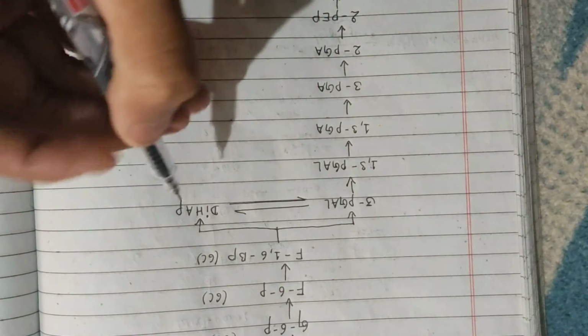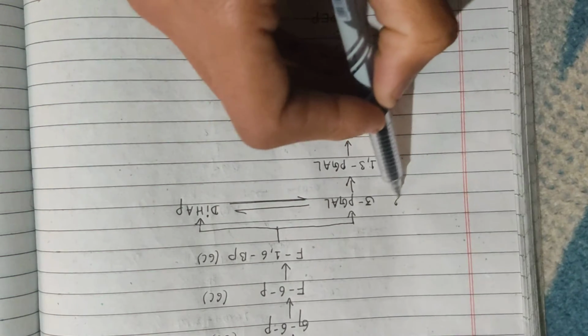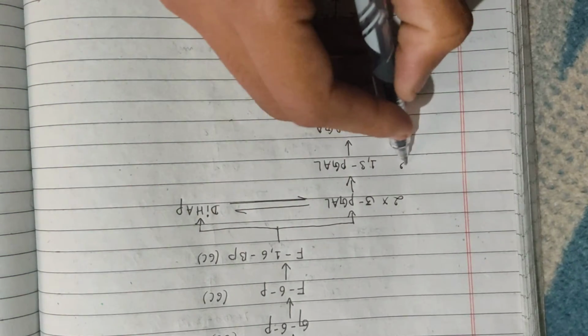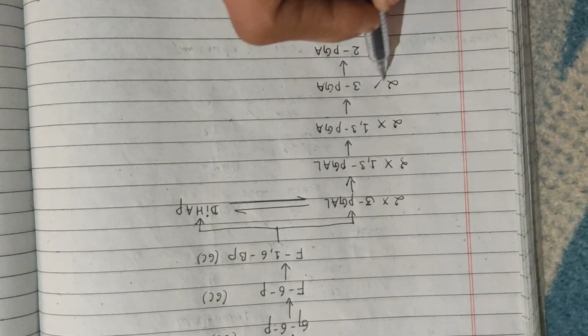So from here the compounds are multiplied by 2, meaning 2 moles of every compound are formed.